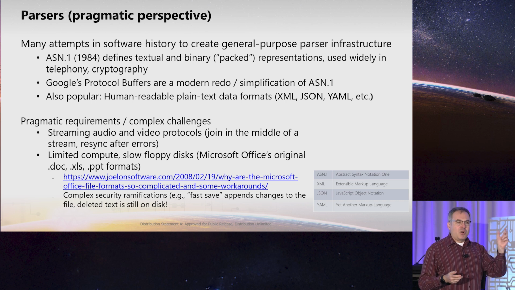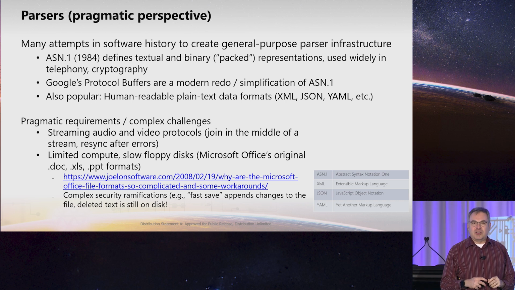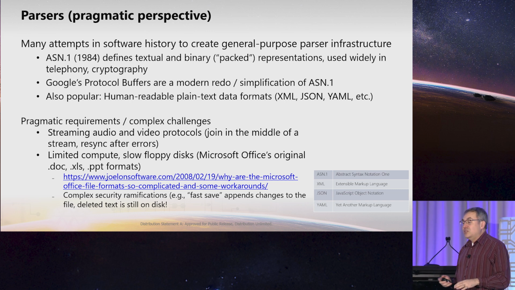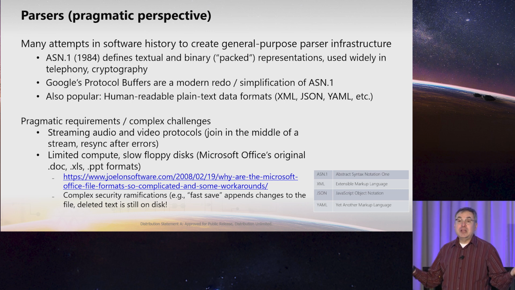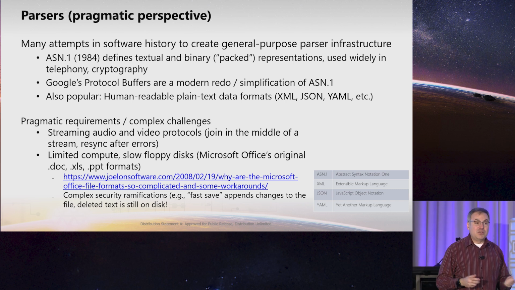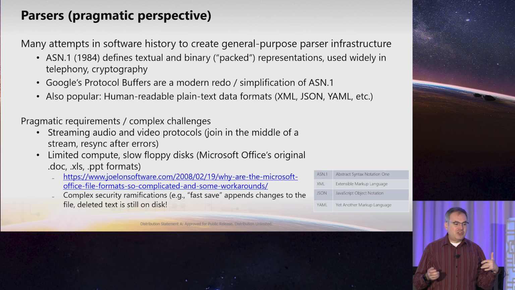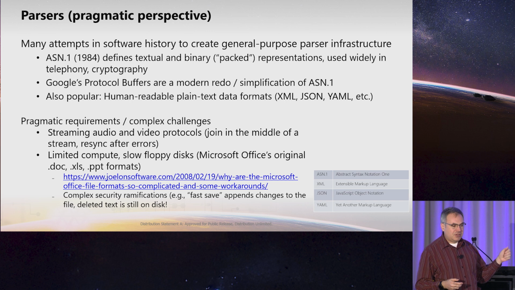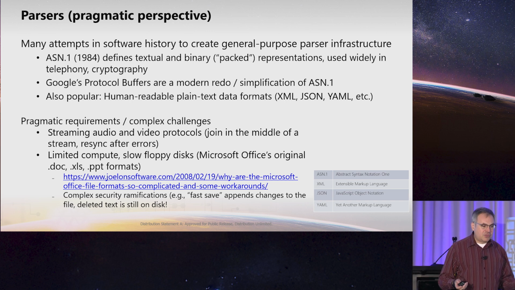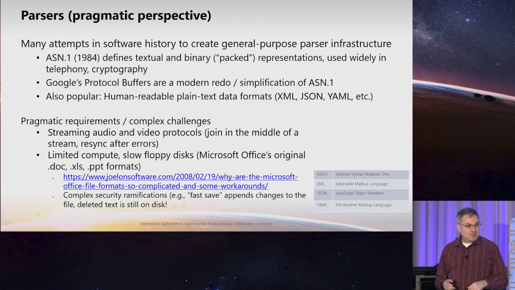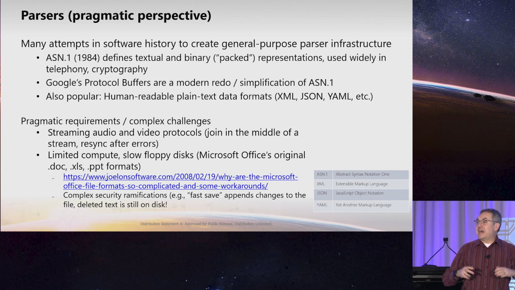But not everybody wants compressed, tight data structures like what Google protocol buffers give you. So instead, we have a hugely popular set of human-readable data structures that are easy for you to write by hand. So you've probably heard of XML, JSON, JavaScript object notation, YAML, and there are several others. These are widely used because they're easy, they're simple. But even then, that's not enough.